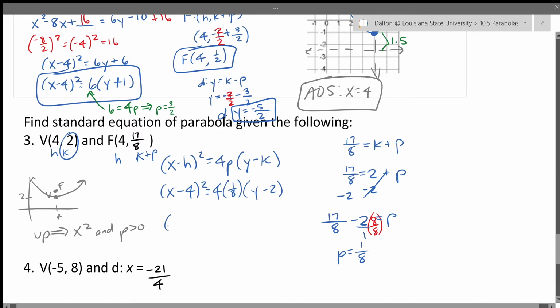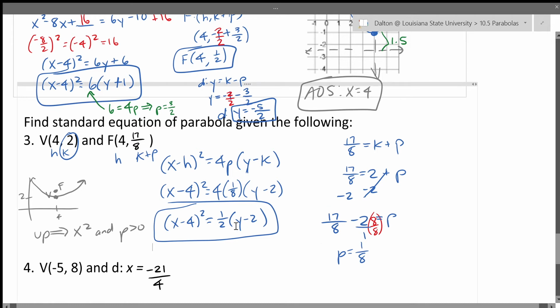So I would write this as x minus 4 squared equals 4 times 1/8, which is 1/2, times y minus 2. And you don't want to distribute that 1/2. You want to leave the y minus 2 alone so that it's clear to tell from this standard equation what h and k are just by looking at it.